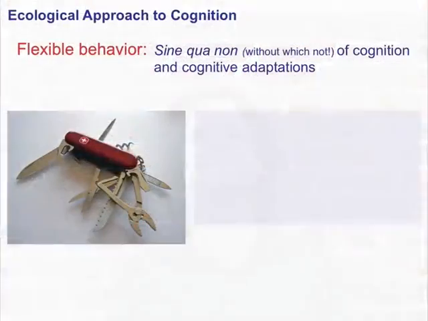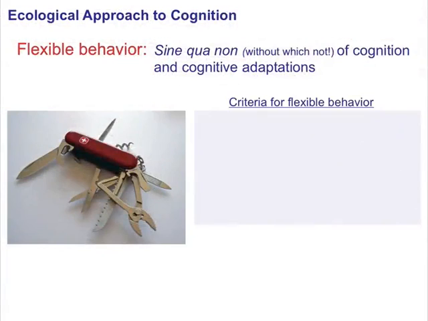And with flexible behavior, you can have payoff from cognition because you will be more successful at solving new problems and being flexible, and potentially being more successful at reproducing and having the heritable component of your cognition pass on to future generations.